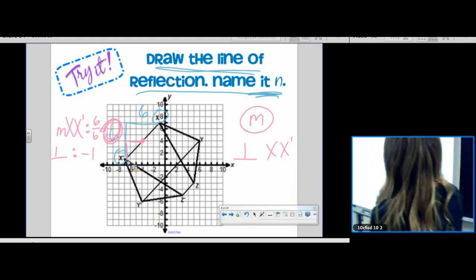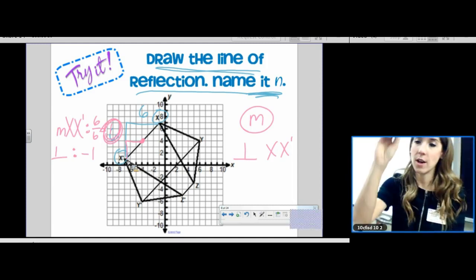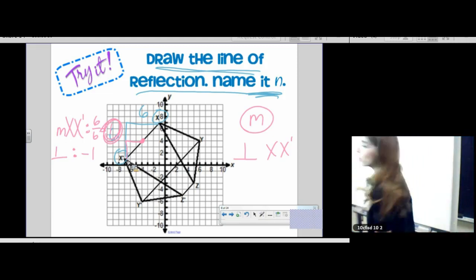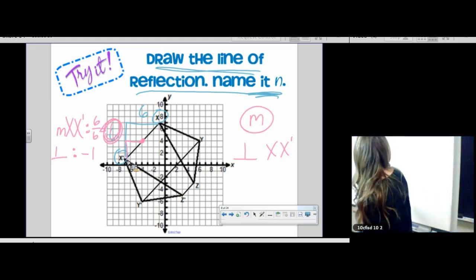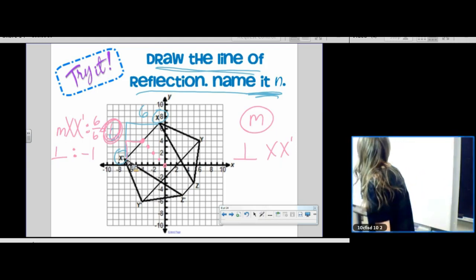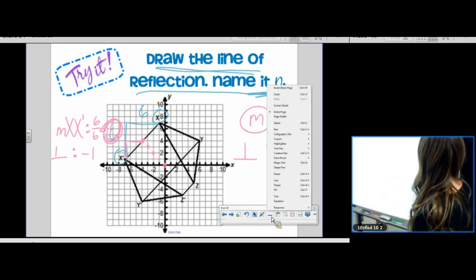So what we're going to do is we're going to start at this point right here. And we're going to go down 1, right 1, down 1, right 1. Down 1 to the right 1. Technically I only needed 2 points to create a line, but I did more just to be safe. I'm going to get my ruler back out. Pretend this is my ruler.